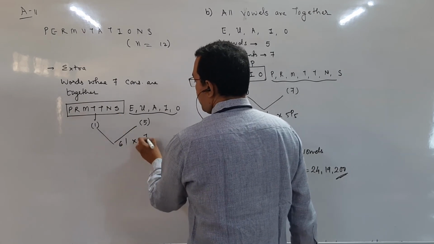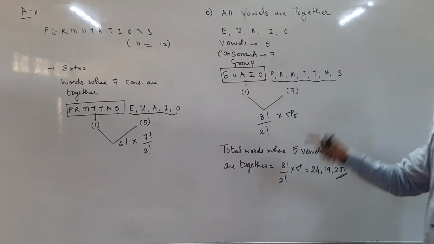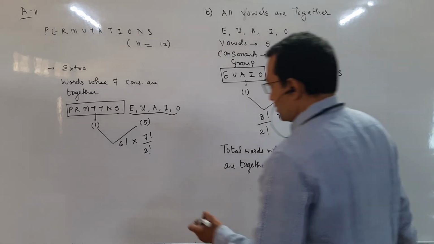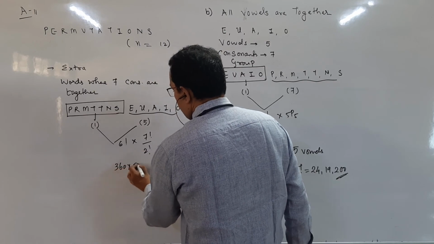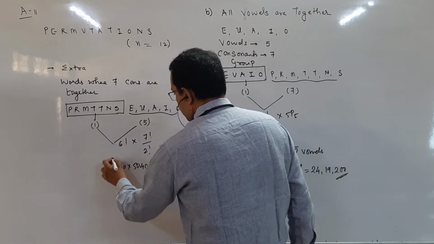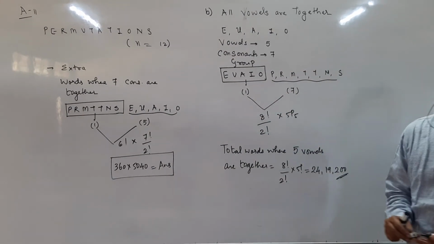Here we have 7 letters divided by 2 factorial, because within this box, T is repeated. Now check, you can easily compare. So this will be 720 by 2, so 360 into 5040. This is your answer. Now I think students, this concept must be very clear.